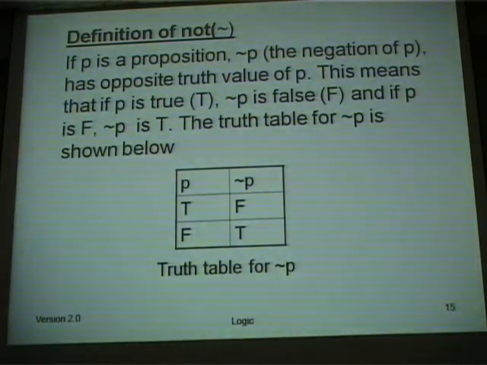First of all, you write the P, and P can have different truth values. Write down all the possible truth values of P, that is true and false. These rows should represent all the possible truth values that P can have at any given time.